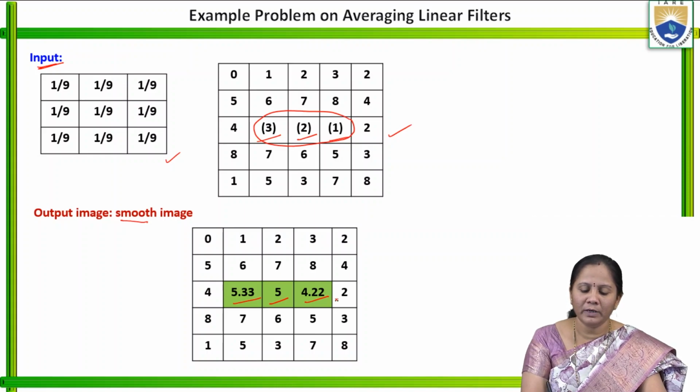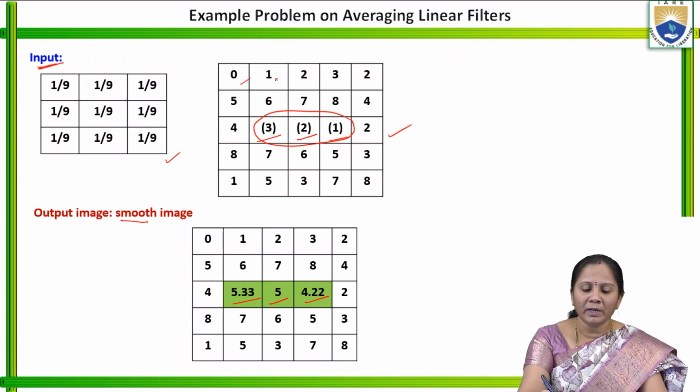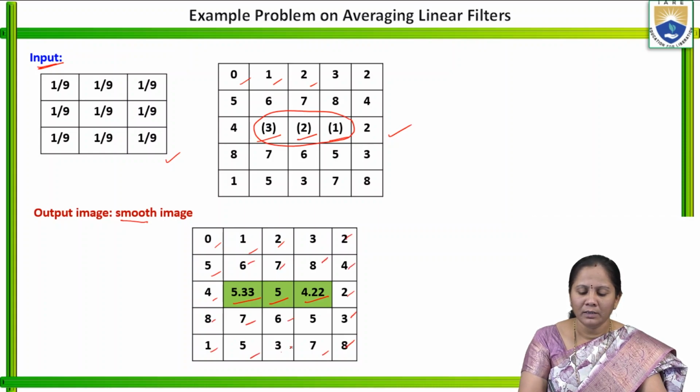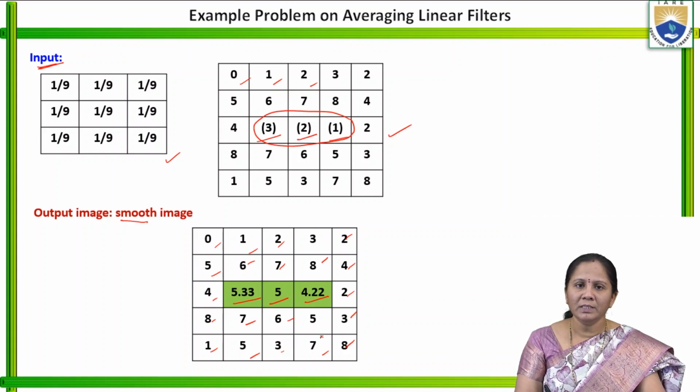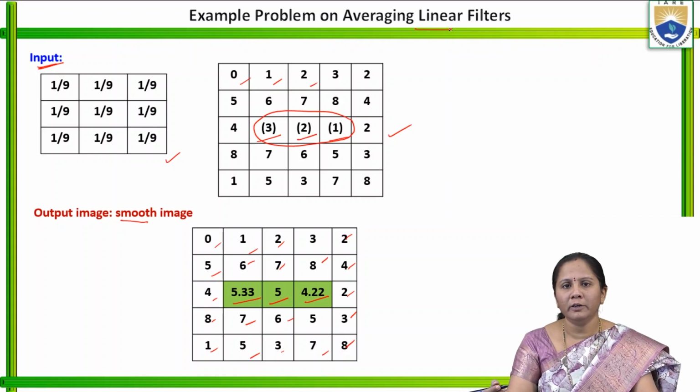So we have to modify only these marked pixel values, whereas the remaining values 0, 1, 2 and all the others available remain the same as the input image pixel values. So this is how we have to apply average linear filters on the input image in order to get the smoothened output image.